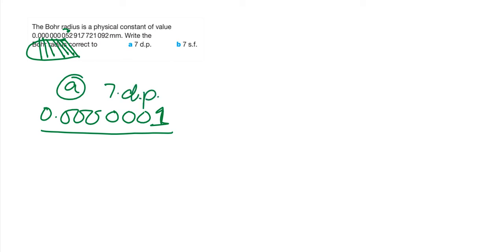Part B: we have to look at 7 significant figures. You know that significant figures start from the first non-zero digit: 5, second, third, fourth, fifth, sixth, 7, 8. You can see that the 7th significant figure is 2 and the 8th is 1, which is less than 5.